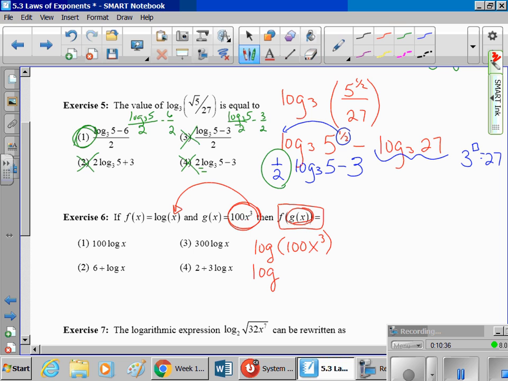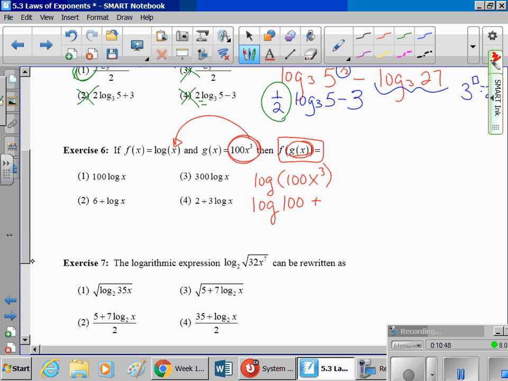Okay, so log 100 plus, now if you want to, you can skip this step and just throw the exponent out front and say 3 log of x. But let's not skip steps yet because I don't want to confuse you. So this is log x cubed. And then in our last step, we can do some evaluating because log base 10 of 100 is 2, plus 3 log of x.